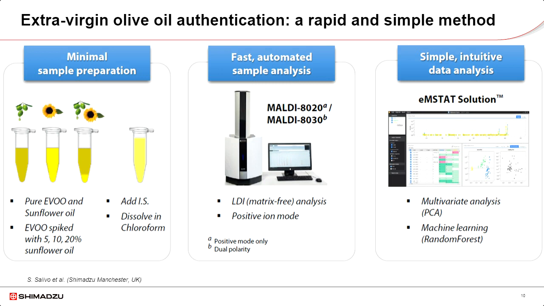The MALDI analysis can be performed and automated on a MALDI 8020 or 8030 without the use of a MALDI matrix, therefore by simply applying the diluted oil directly onto the MALDI target. Follows the multivariate PCA and machine learning analysis with the Shimadzu EMStat solution software for the classification of unknown data.